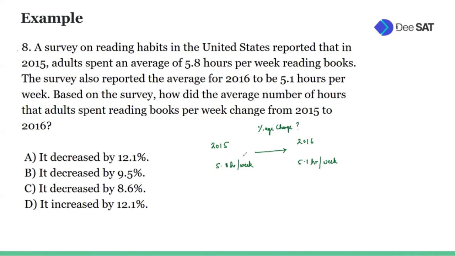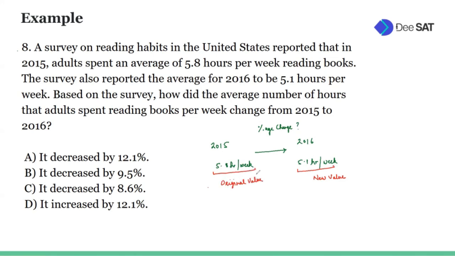As we know the percentage change formula, we already know that thing. We just need to figure it out. Which of the following will be the correct answer? So we'll see what is happening. The new value over here is 5.1. This is the new value. And this value is the original value.